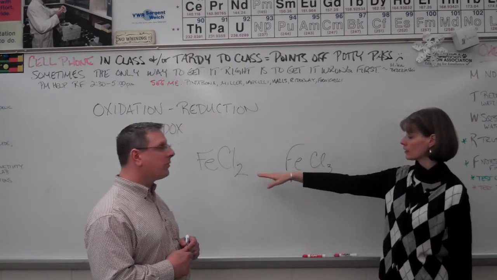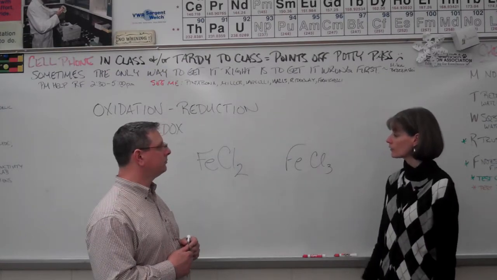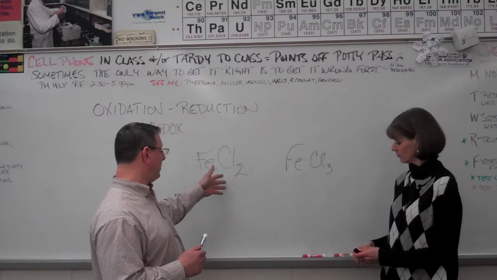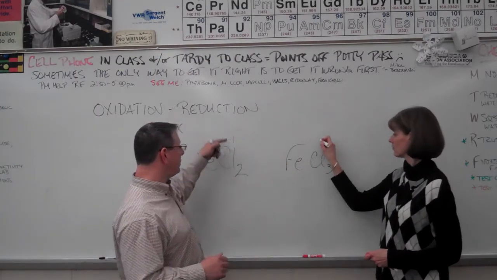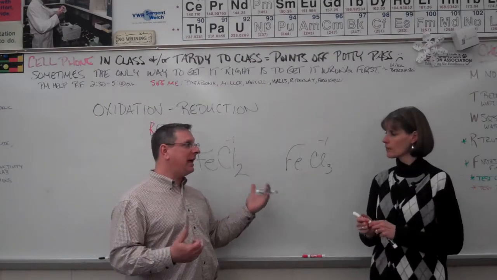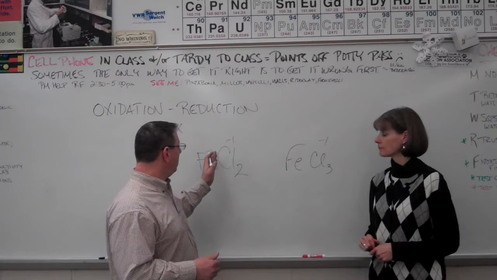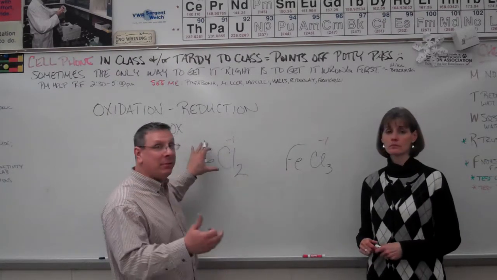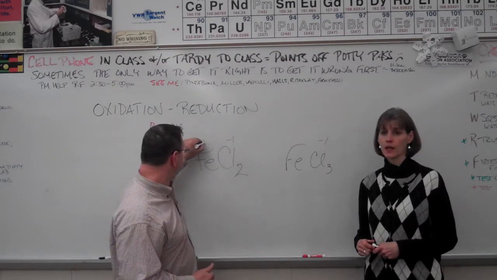But in this iron chloride, FeCl2, if chlorine's -1, then what would iron be? Well, the iron would have to be +2. First of all, we know that the chlorine has to be negative when it forms an ion. If it's negative, then the iron, being a metal and a wonderful electron loser, would definitely be positive.